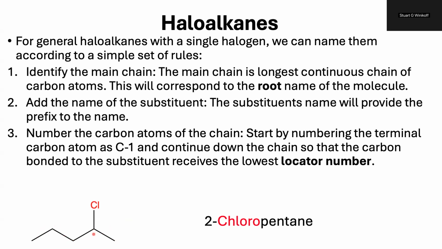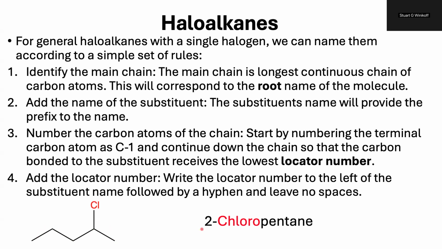When we have to choose between these 2 species, we're always going to choose the one with the lower number. So this is a 2-chloropentane as opposed to a 4-chloropentane. We then add that locator number at the beginning of the name. So it's 2 hyphen chloropentane, no spaces, 1 word.